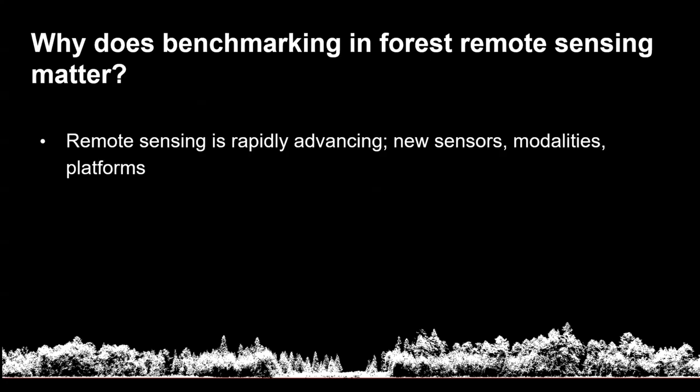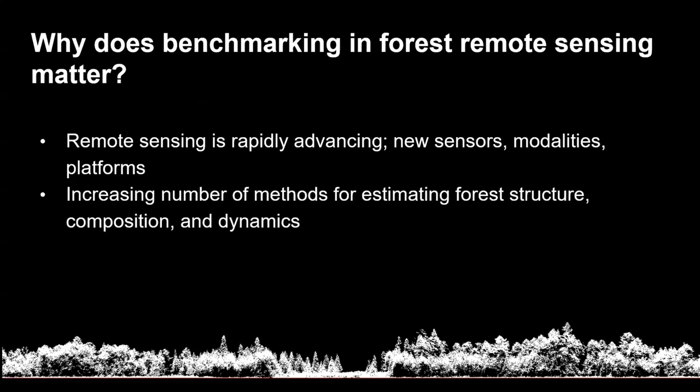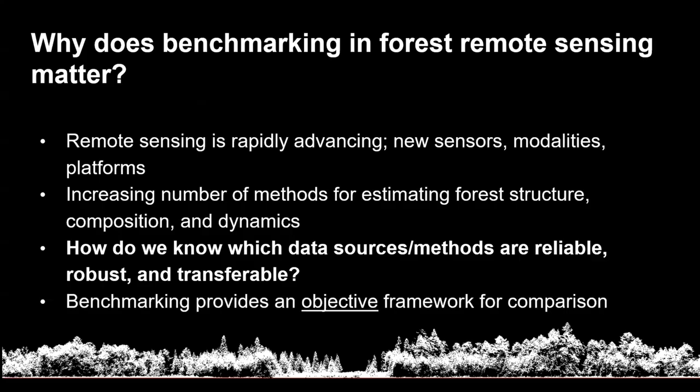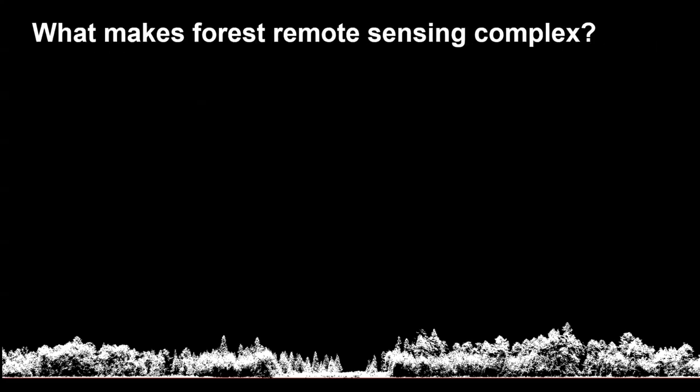So we have new sensors, modalities, platforms. We also have an increasing number of methods for estimating forest structure, composition, and dynamics. Given that context, how do we know which data sources or methods are actually reliable, robust, and transferable to different areas? Benchmarking gives us this objective framework that we can use for comparison.